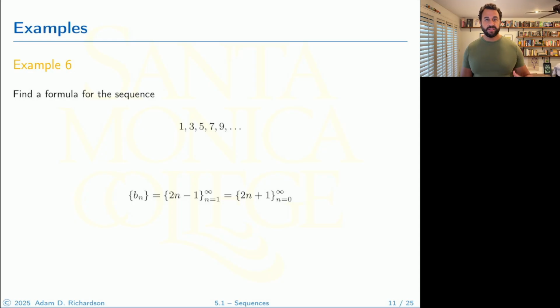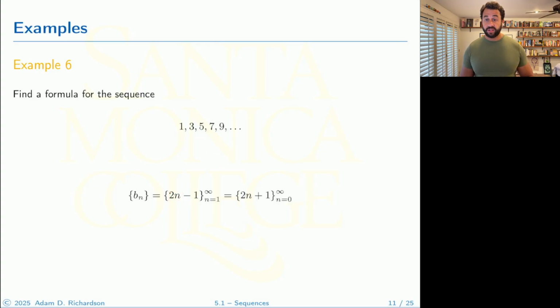And again, plug in some values of n to see if it actually works, right? So if n is 1 here, we get 2 minus 1, which is 1, check. When n equals 2, we get 4 minus 1, which is 3, check. If n equals 3, we get 6 minus 1, which is 5, check, and so on.